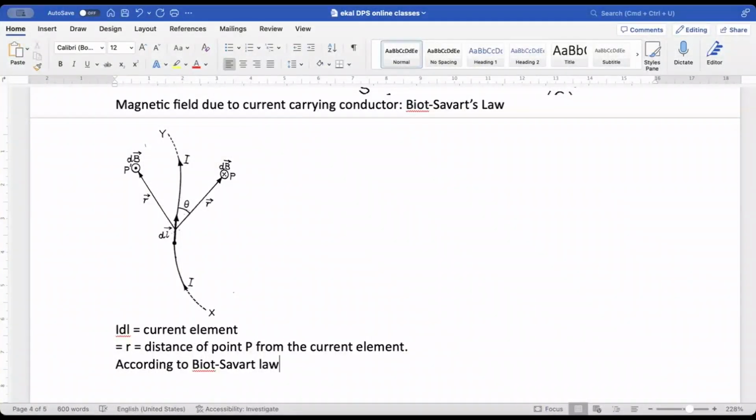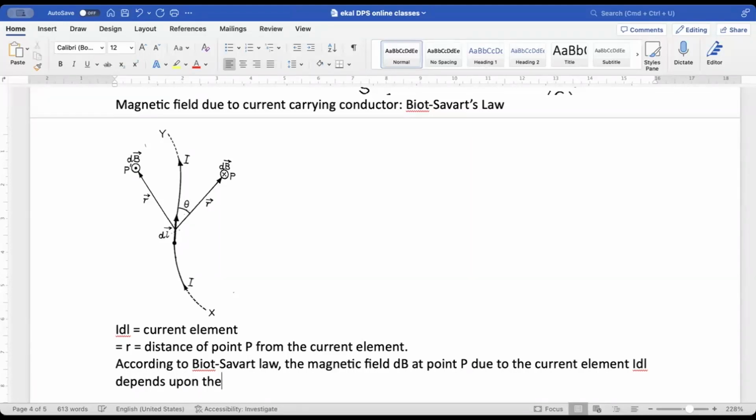the magnetic field dB at point P due to the current element, say I dl, right, depends upon the following factors.